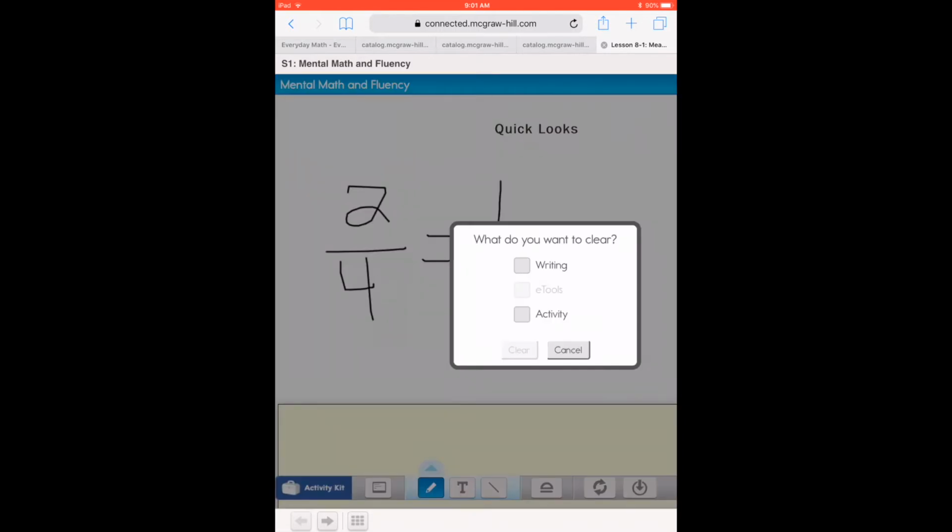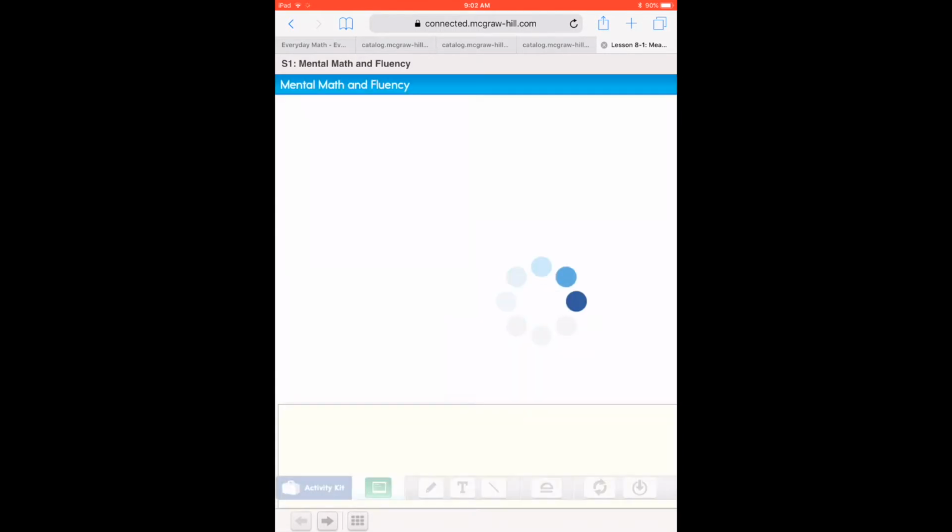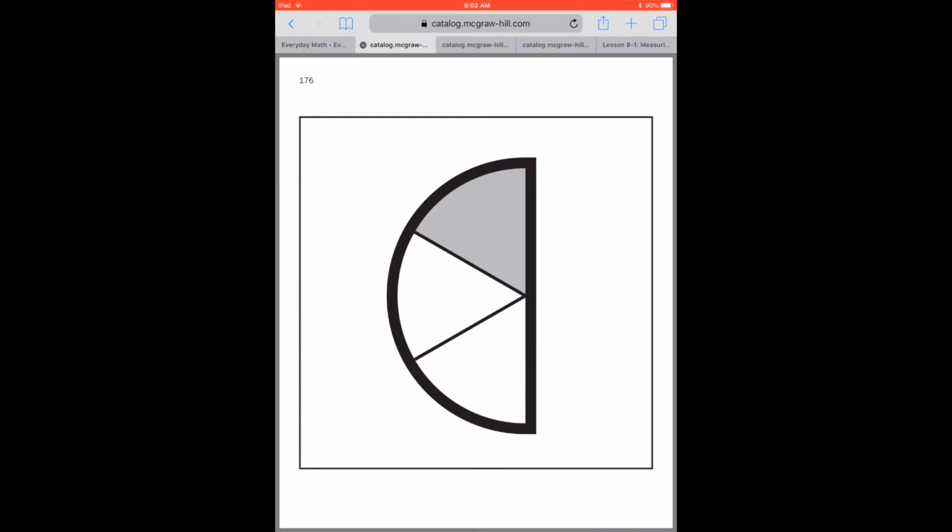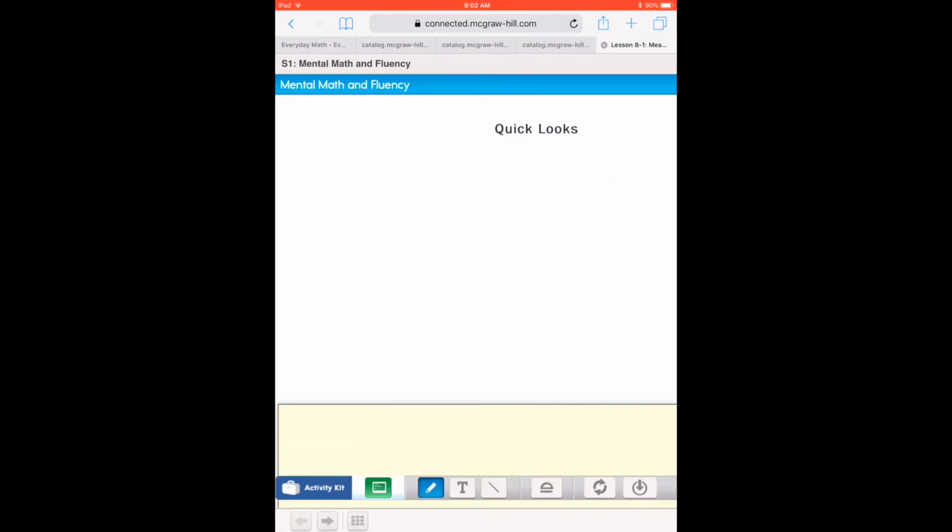All right, we have one more fraction circle to look at. Take a look at this fraction circle. Is the shaded part, well, it's actually a half circle, is the shaded part greater than, less than, or equal to 1/2? That shaded part was 1/3, and 1/3 is less than 1/2.